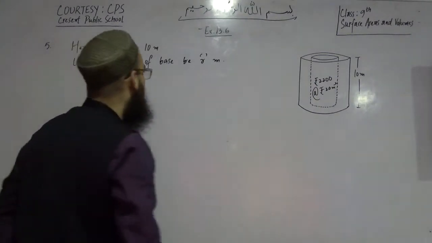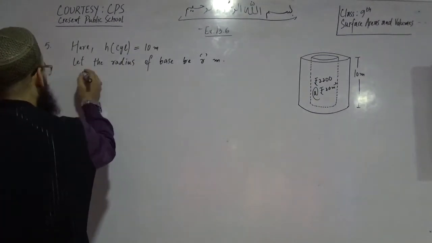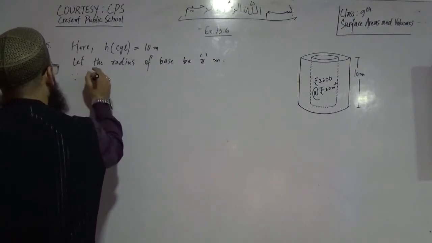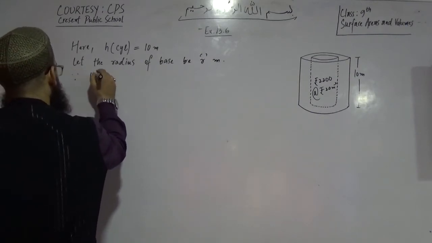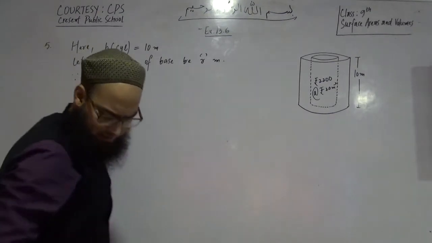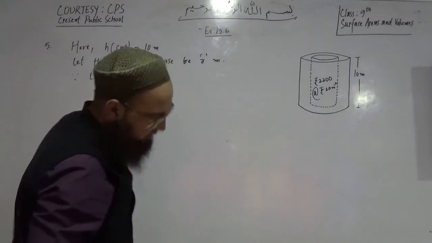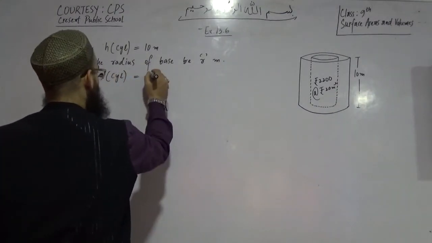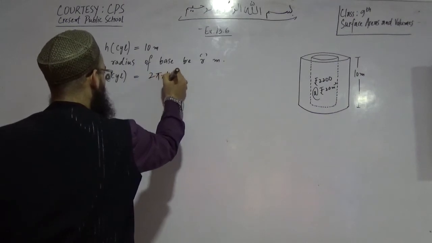Since lateral surface area of cylinder is equal to 2 pi r h.